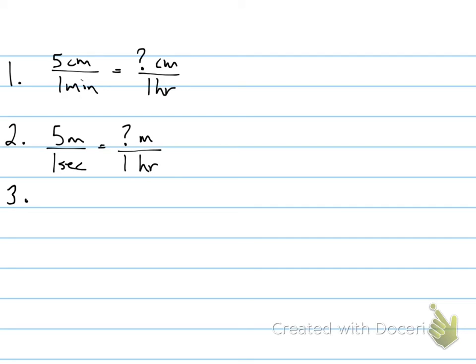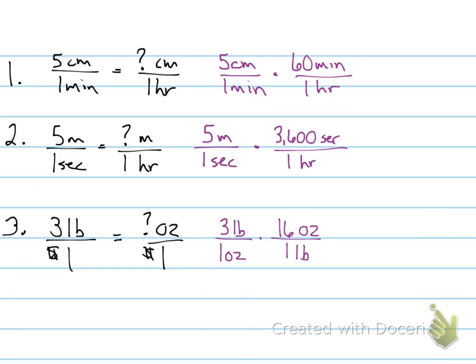On the third one, let me give myself some more room. On the third one, I've got 3 pounds for every $1. So how many ounces is that for every $1? All right, so go ahead and solve these 3.